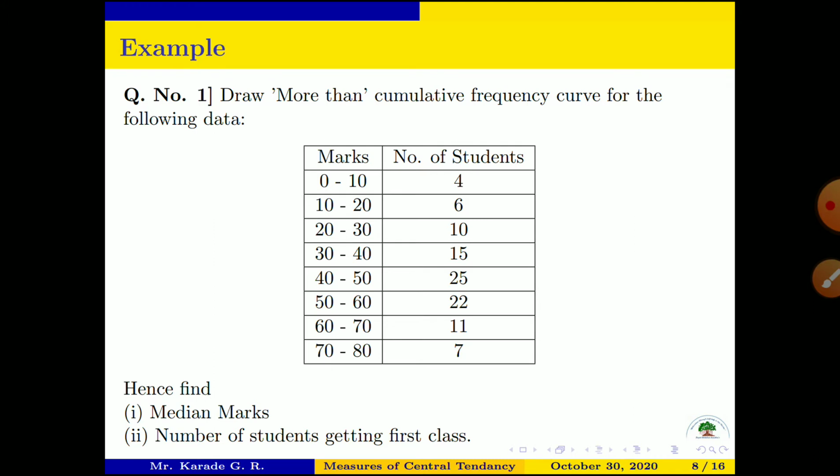And finally there are 7 students having marks between 70 and 80. Hence find the median marks, and second, find the number of students getting first class. So from this data we find the median marks and the number of students having first class.